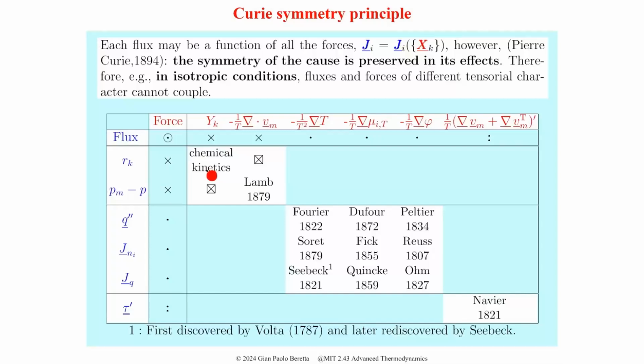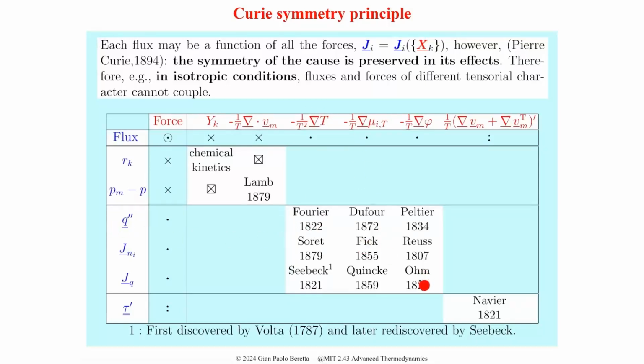They presume a direct coupling between a chemical reaction rate and the affinity of the reaction, coupling between this mechanical rate of change of volume of the fluid elements and this difference in pressures, or the heat transfer and so on.